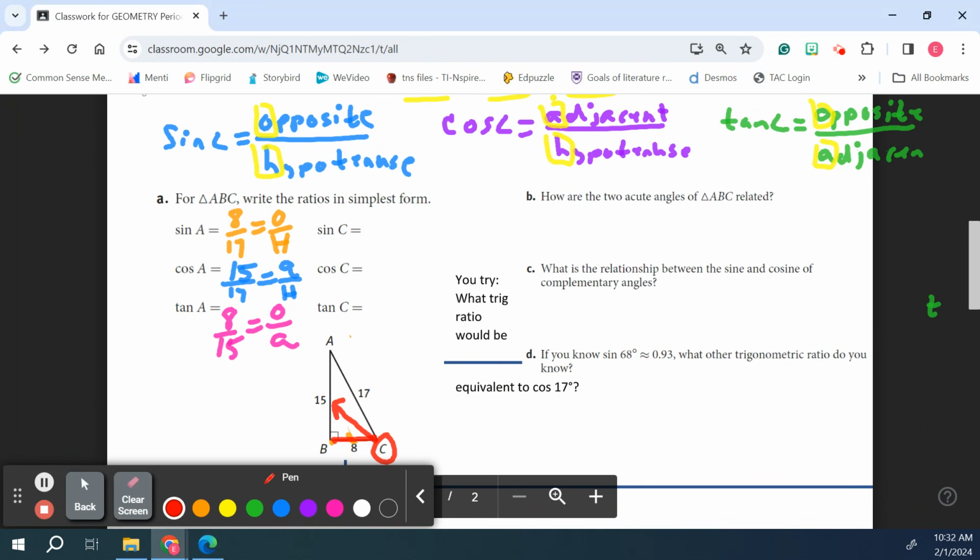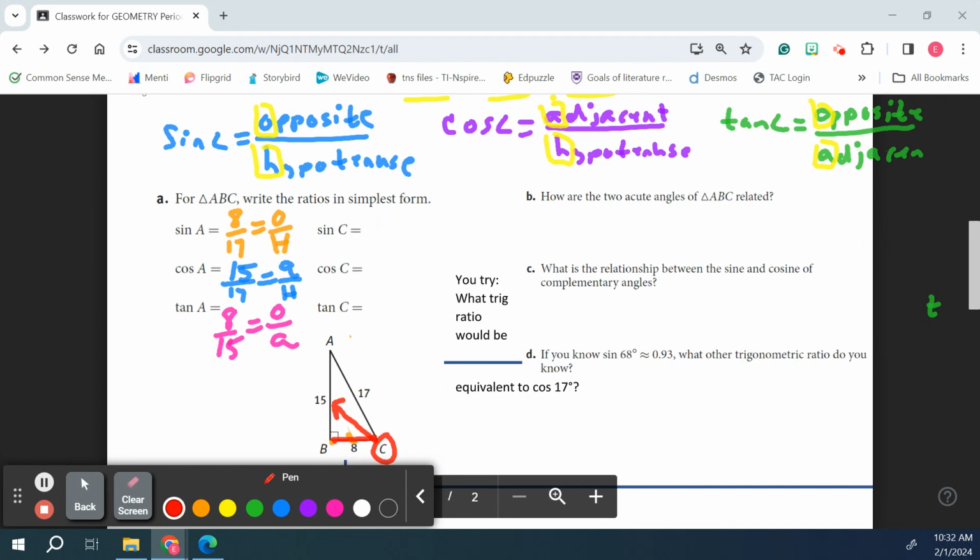Sine of C. Let's see. Samira, you're here today. What's the sine of C? What'd you get? 15/8. Okay.